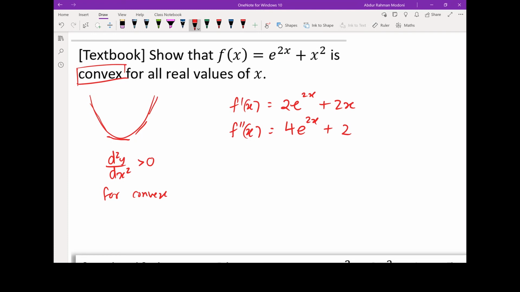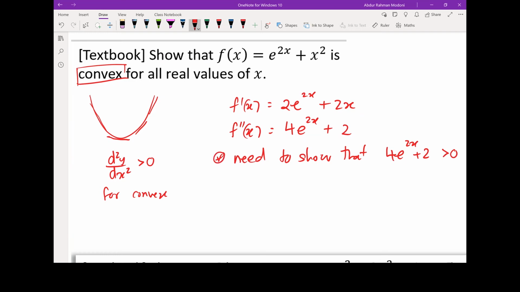And we need to show that 4e to the 2x plus 2 is greater than 0. That's our aim. So how do we show this to be greater than 0?